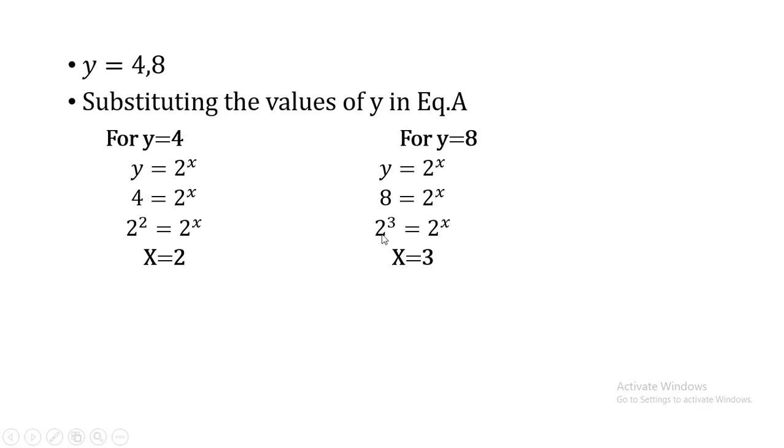The base is the same, that is 2 and 2, and the powers are different, but since they are equal and the bases are the same, we can equate the powers. So x equals 3 is my final answer. The solution set is 2 and 3.